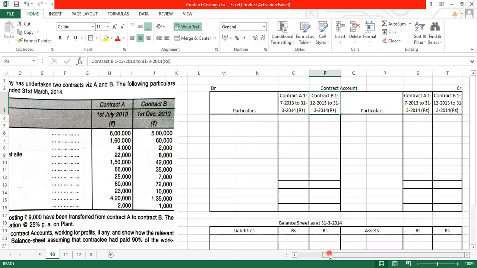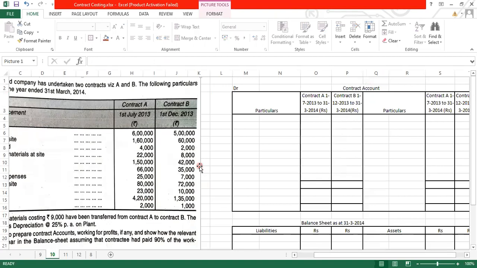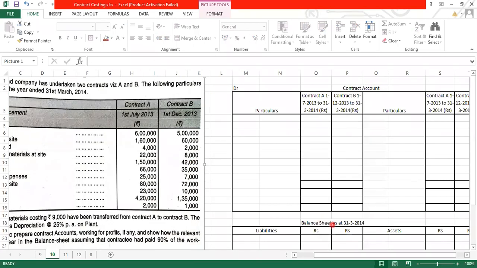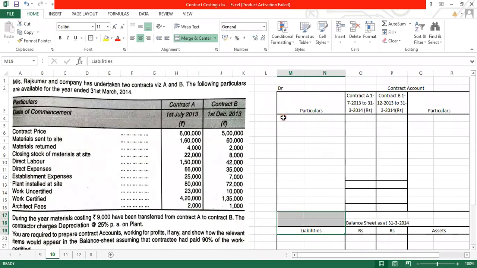We'll start posting now. First one is materials sent to site. So two materials: 1,60,000 for contract A and 60,000 for contract B. Next is material return.